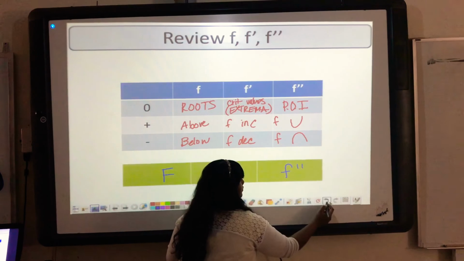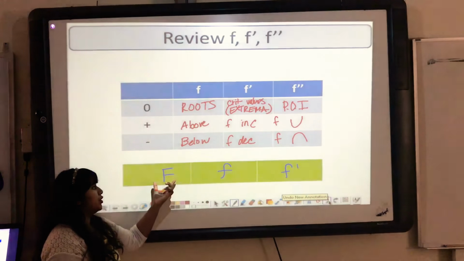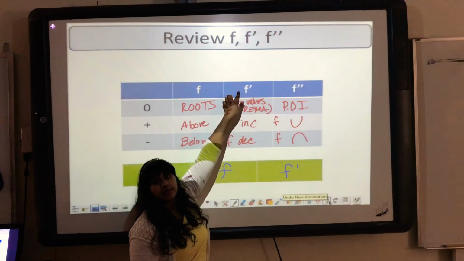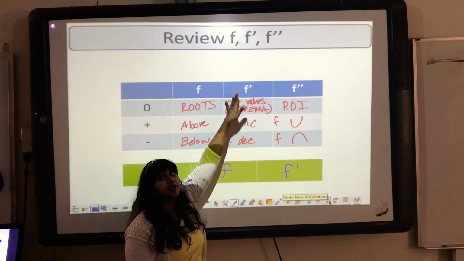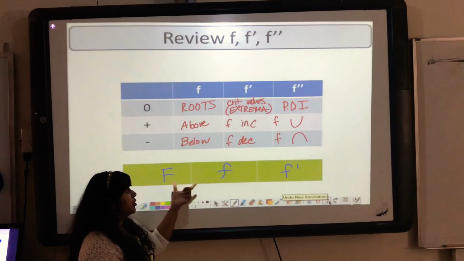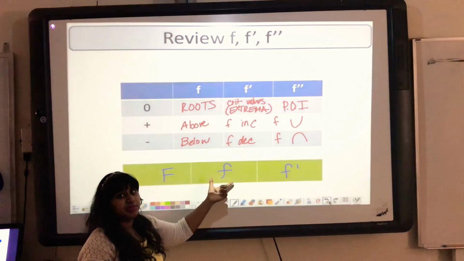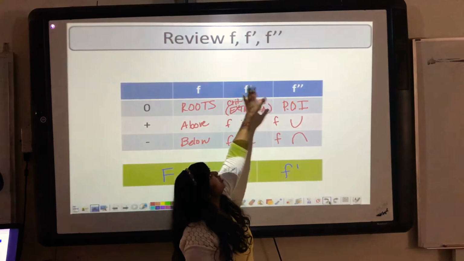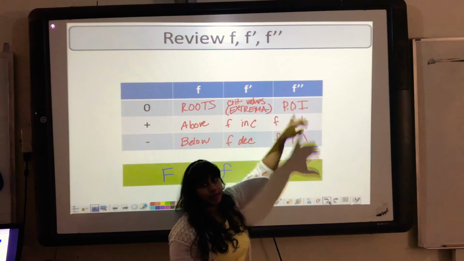There we go. If we're looking at an integral, its derivative would be the function, but the second derivative would be that d dx, and that would be the relationship between f and f double prime.